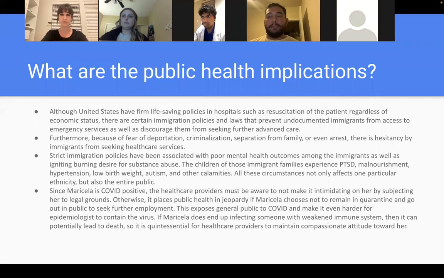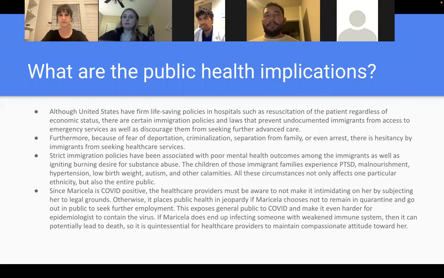Otherwise, it places public health in jeopardy if Maricela chooses not to remain in quarantine after finding out about her COVID positive status and goes out in public to seek further employment in order to provide for her incoming baby or her current family. This exposes the general public to COVID and makes it even harder for epidemiologists to contain the virus, since she's not even going to be in the system because of her documentation status.